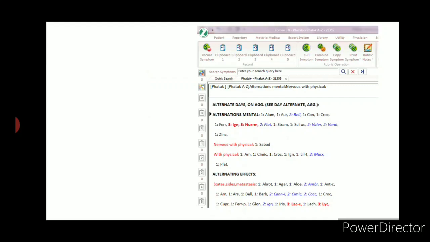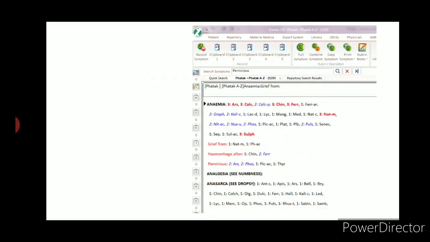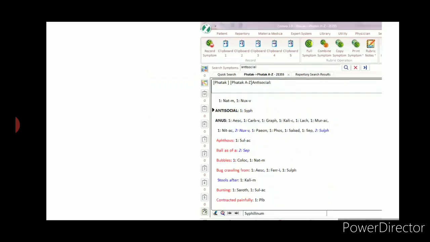Then alterations of mental symptoms with nervous or physical symptoms. Also we have anemia. In anemia, I would like to highlight anemia from hemorrhage or pernicious anemia, which is given in a very small number of repertories. Also we have the rubric antisocial.